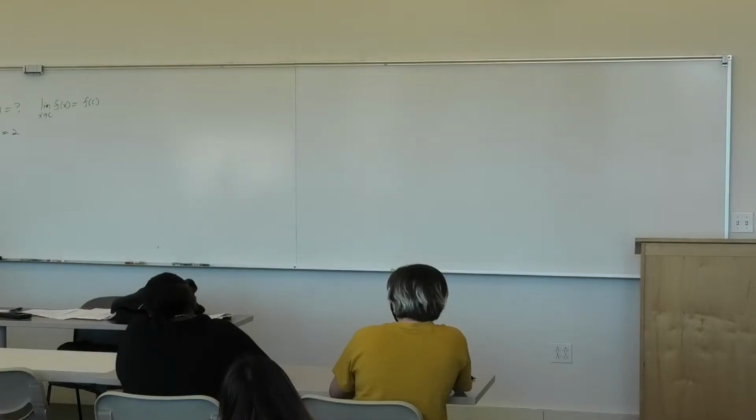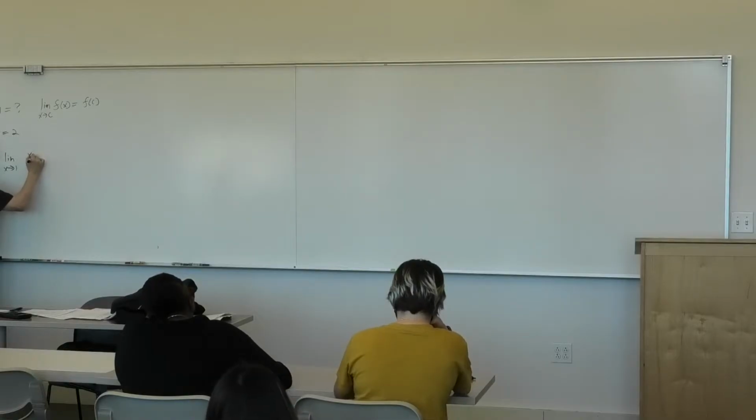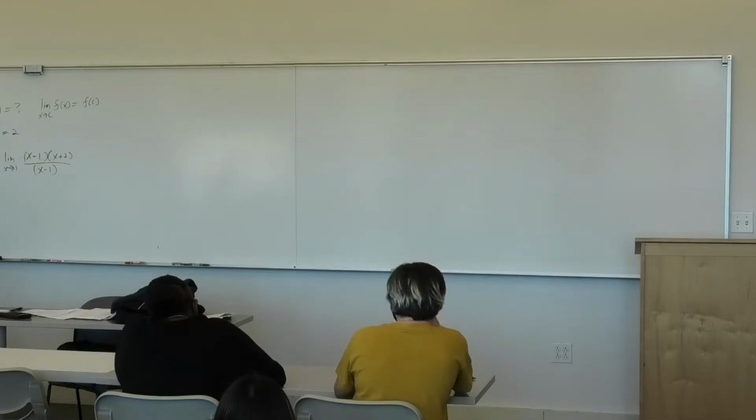So for problems like this, we need to do something else. We're going to find an even easier way to handle this, probably on Thursday. But for now, your job was to factor this. This is x minus 1 times x plus 2, x minus 1. Is that right? Minus 2 plus 1, yeah. And then you use the fact that the limit of a product is the product of the limits.